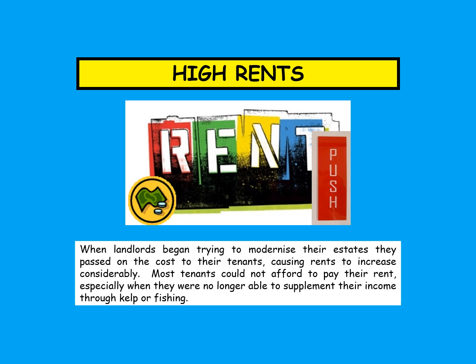So this means that the rents for the tenants do increase quite a lot, and a lot of the tenants just can't afford to actually pay this any longer, especially if they're not able to get jobs within things like the kelp or the fishing industries in the Highland areas as well. So they're actually not able to pay their rent whatsoever, and this has a big knock-on impact. So they're not able to pay, so they have to move as a result. I'm not going to highlight this one purely because we've already talked about this one and you've got that one elsewhere.